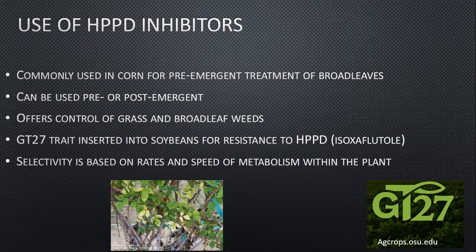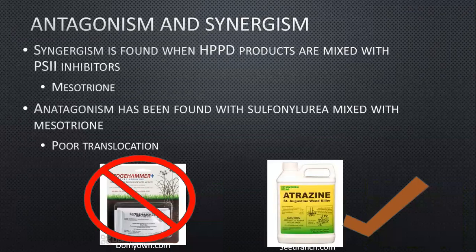And the selectivity for these herbicides is going to be based on the rates and the speed of metabolism within the plant, so that corn can metabolize at a faster rate than the HPPD inhibitors can actually work in that plastoquinone and carotenoid biosynthetic pathways.